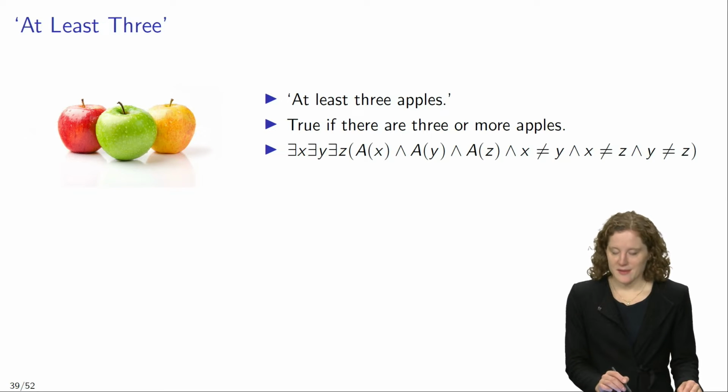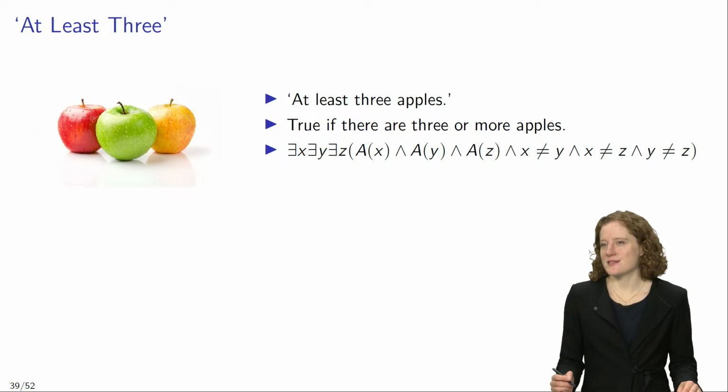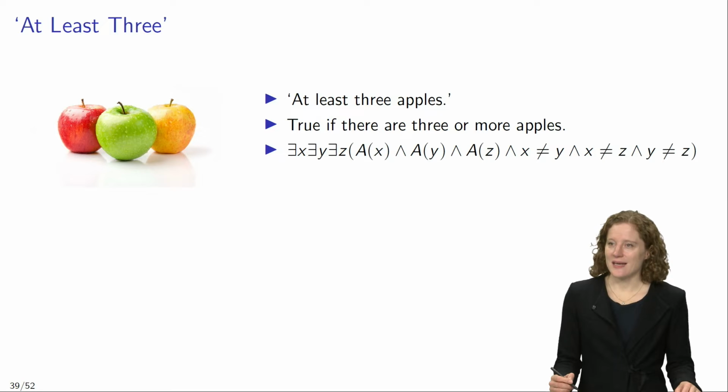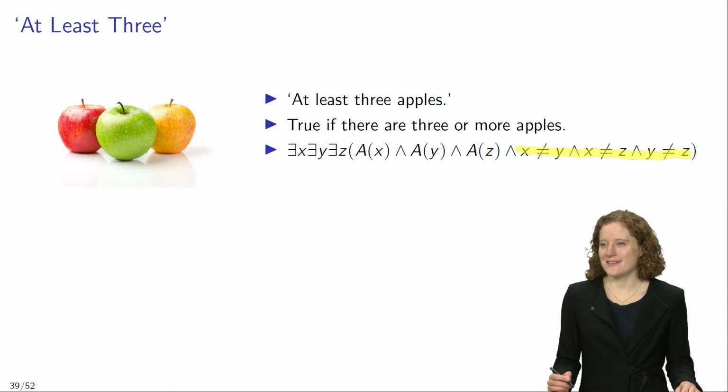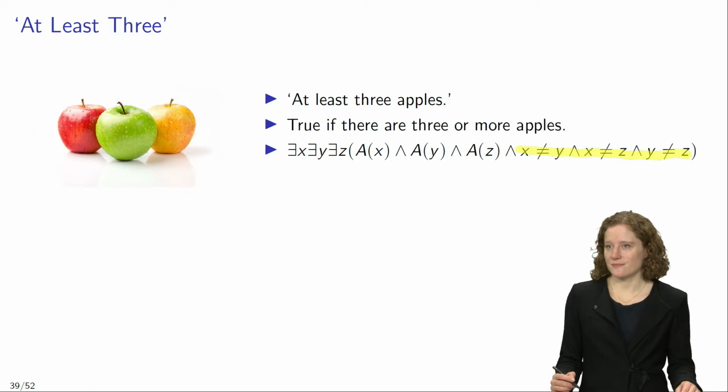And you need to say that there is an x, and there is a y, and there's a z, such that Ax and Ay and Az and x is not identical to y, and x is not identical to z, and y is not identical to z. Again, it is really important that you include these three non-identities in your sentence, since otherwise the sentence could be made true by fewer than three apples.